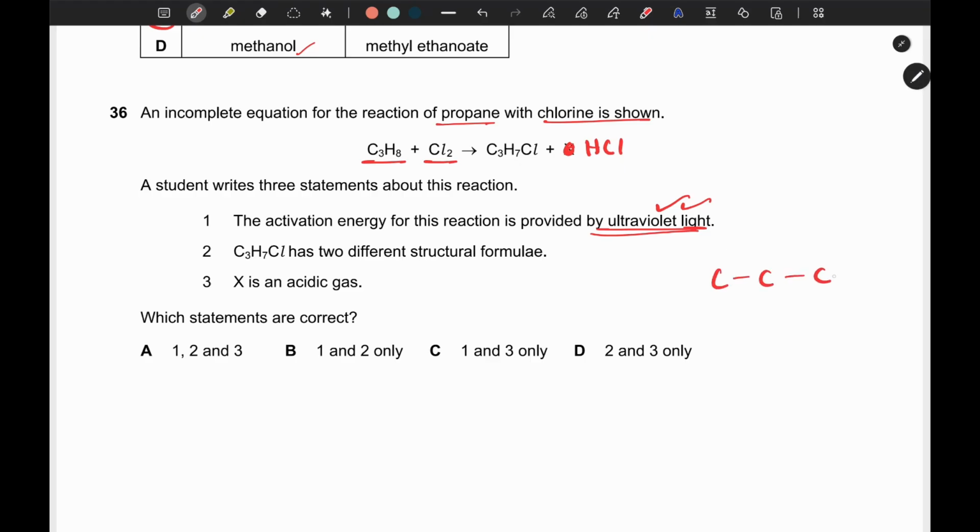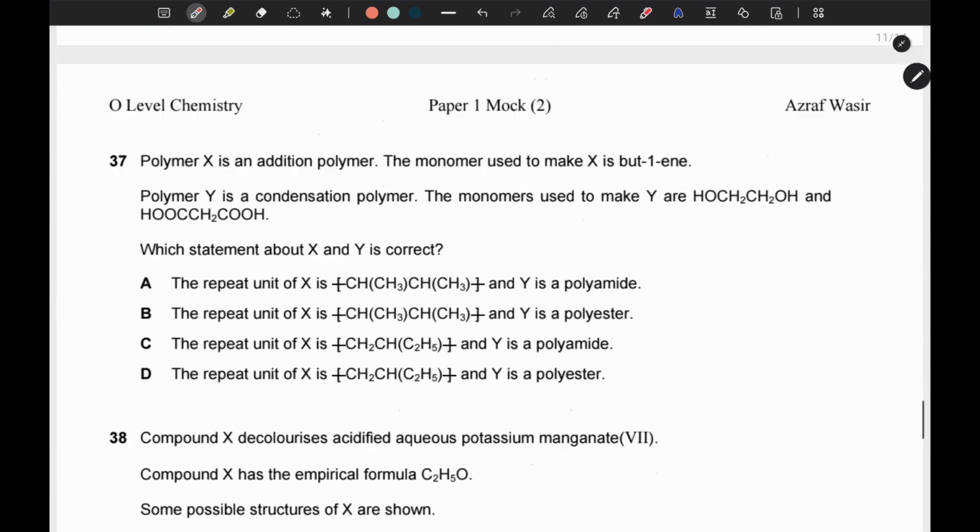So if we draw that C3H7Cl, the chlorine could be in this position, that would be 1, or it could be in the middle. That would be its second position. So that indicates that there are only 2 structural isomers. So 1 and 2 are correct. And X is an acidic gas. X is hydrogen chloride. So that means it is an acid. So 3 is also correct. So the answer for 36 is A.